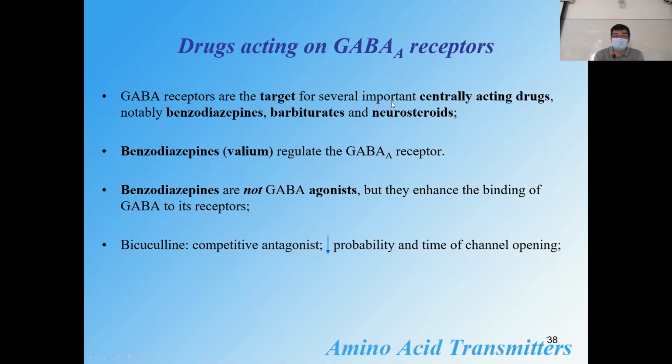Now, that's what we talk about. The GABA A receptor targets several important drugs. Normally the benzodiazepines, barbiturates, as I talked about, and neurosteroids. But benzodiazepine, Valium, actually regulates the GABA A receptors. So you can see that when you help to activate the GABA receptors, the overall sense of the person will go down.